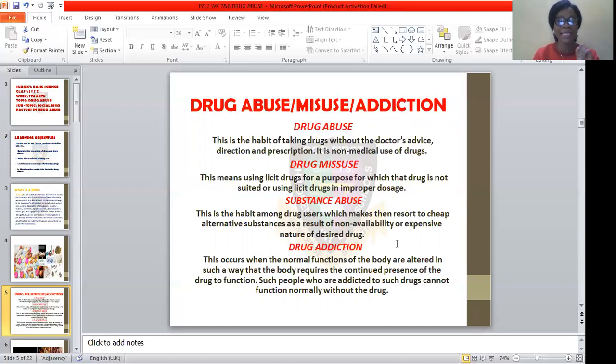Substance abuse. This is the habit among drug users which makes them resort to cheap alternative substances as a result of non-availability or expensive nature of a particular prescribed drug. That is, maybe there's a particular drug you are supposed to take, but because it is not available or it is expensive, you will go and use another drug, which will eventually be dangerous to your health.